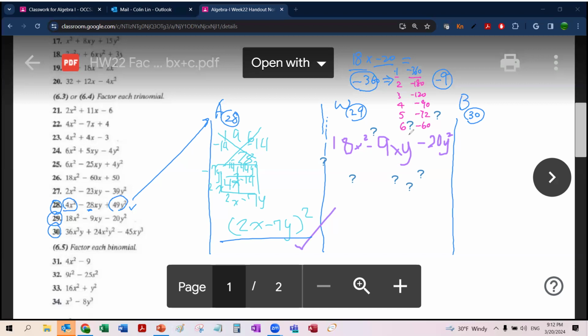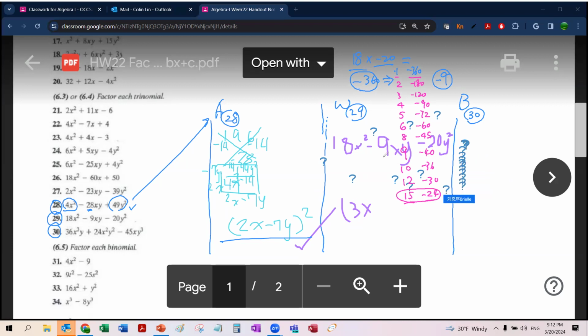What about 8? Negative 45, right? What about 9? Negative 40. Pretty close, closer, right? What about 10? Negative 36. What about 11? 12. Oh, I got it. Negative 30. What about 15? Found it. Negative 24 is this part, right?